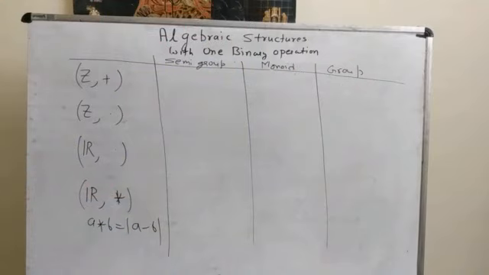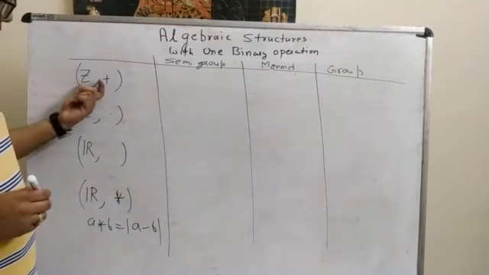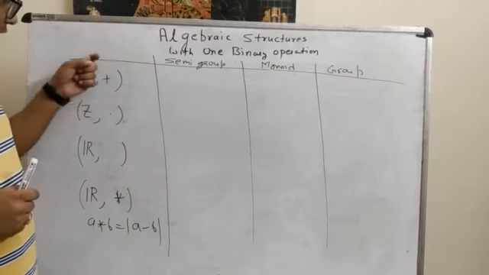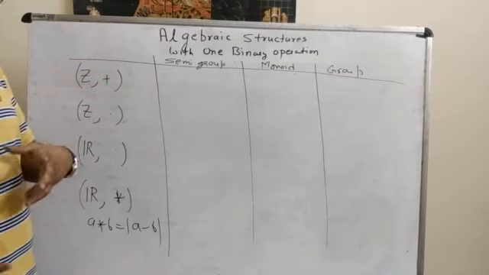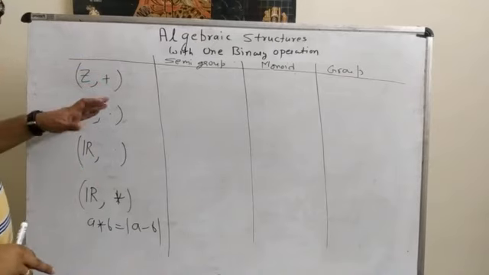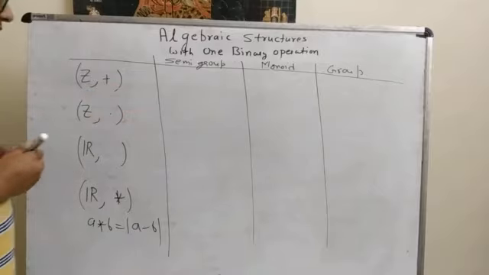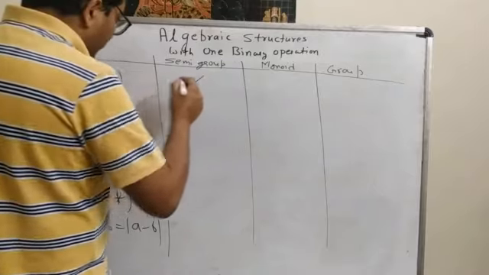If we talk about the first algebraic structure, that is (Z, +), we know that the usual addition is closed under the set of integers. The sum of two integers is again an integer. Second, we know the addition is associative in nature. So yes, it is a semigroup.